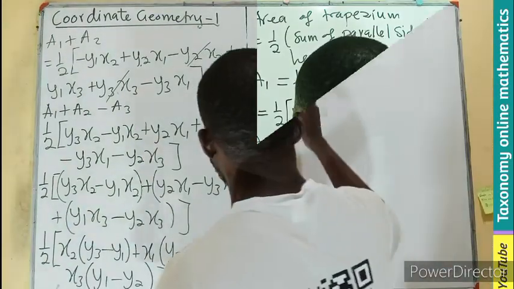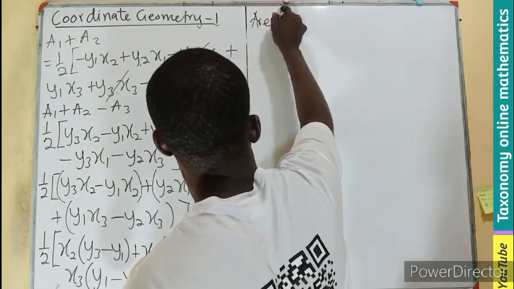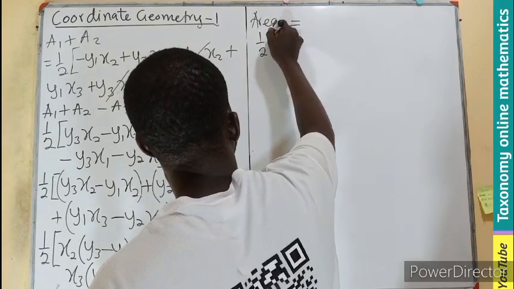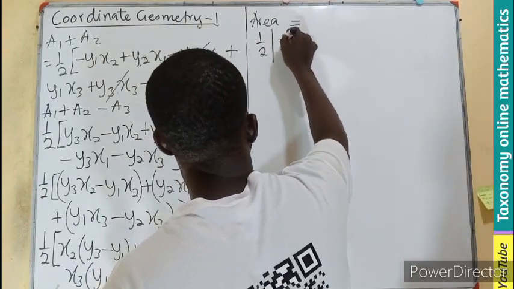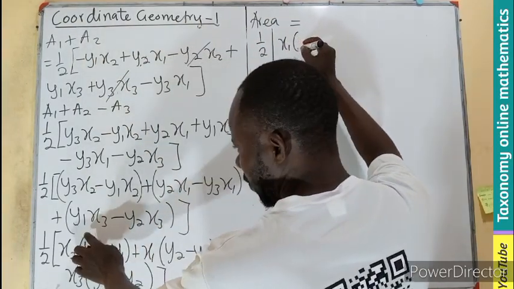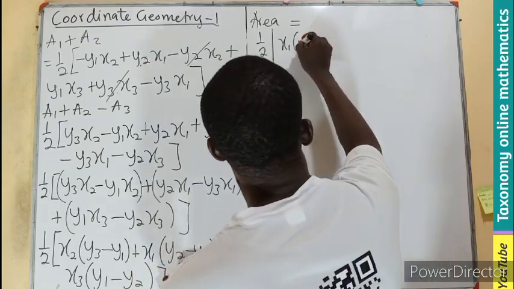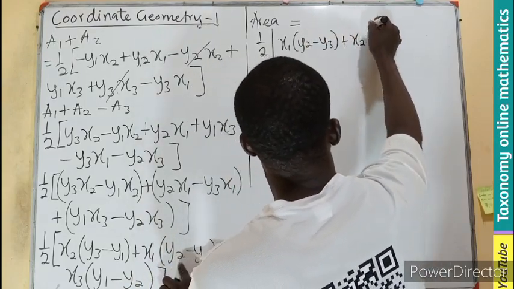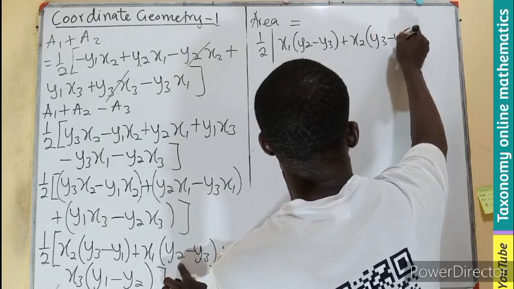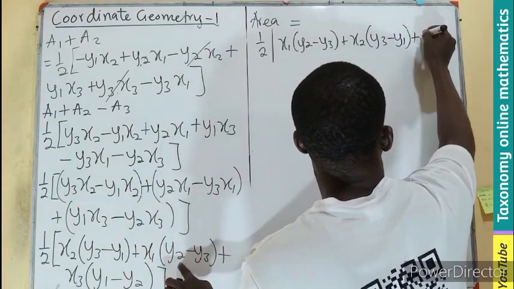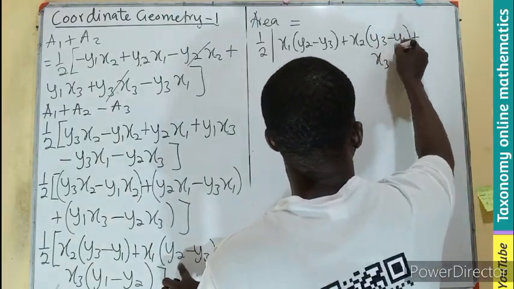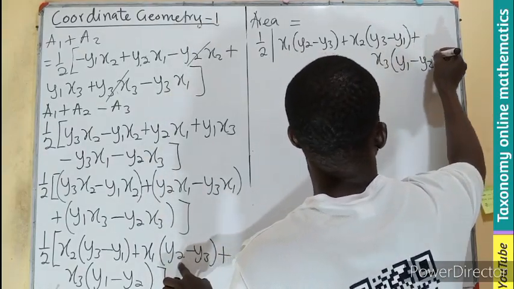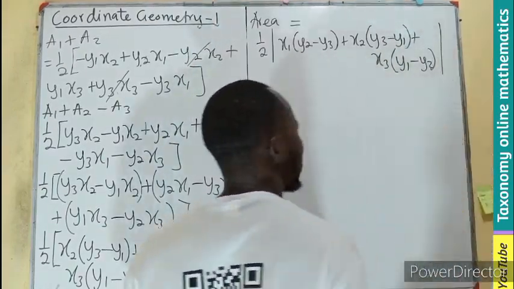So our formula as the area will be equal to 1 over 2 absolute value of x1, y2 minus y3, x2, y3 minus y1, x3, y1 minus what? y2. Then bring the absolute value.